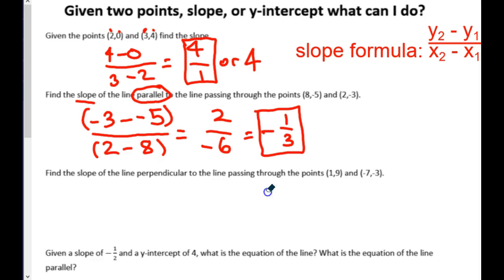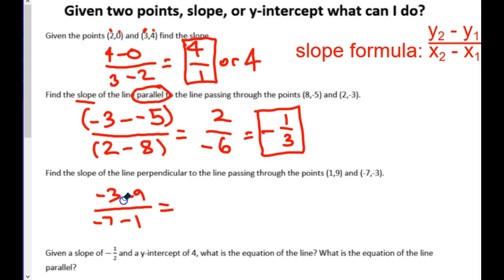Okay, on the next one, find the slope of a line perpendicular to this line. So we are going to, again, find the slope. So what's y2? What am I going to put on top? y2 minus y1. What's it going to be? -3 minus 9 over negative 7 minus 1. Very good.